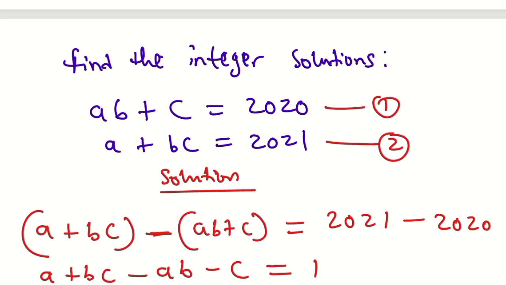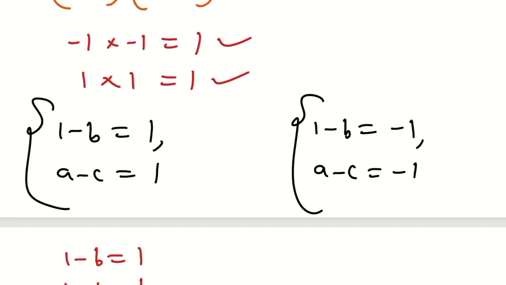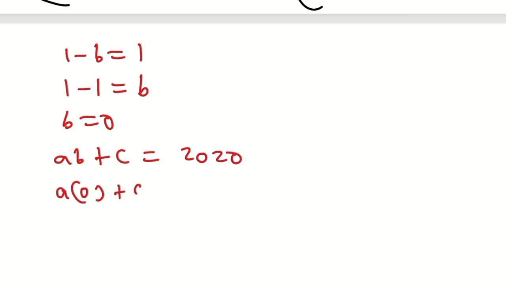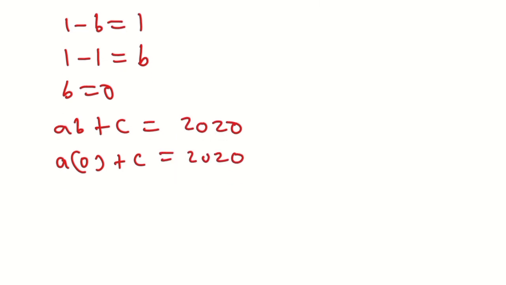So here, ab plus c is equal to 2020. So when you plug in b is equal to 0 here, you have a times 0, then plus c is equal to 2020. And then from here, you have that c is equal to 2020.